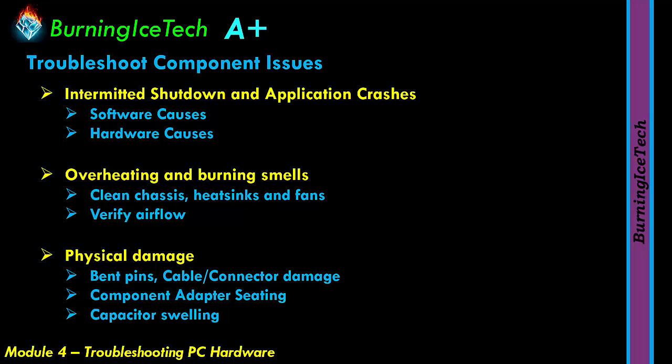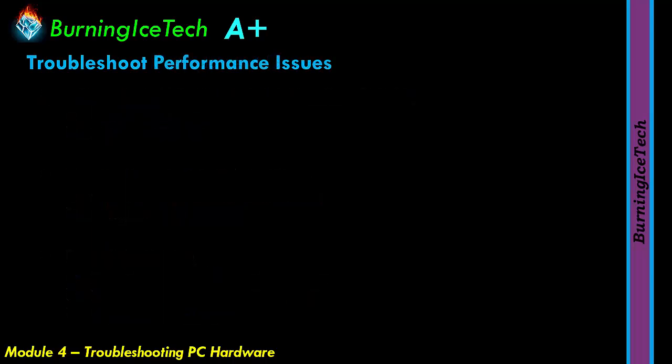Right, folks, let's talk about troubleshooting the user's performance issues. Or should I say, the PC's performance issues. So once again, we are going to see some topics overlapping here, guys, like checking for overheating.